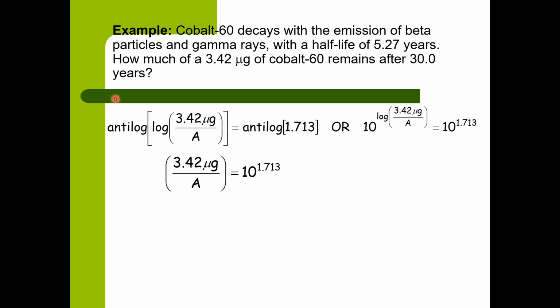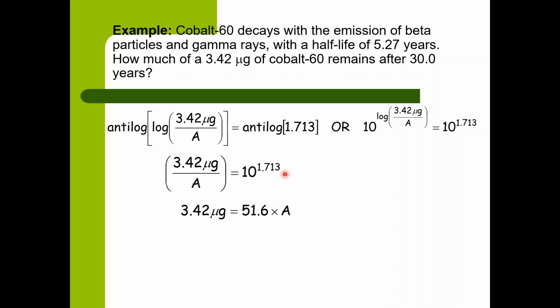This will get you your log slashed away: 3.42 micrograms over A is equal to 10 to the power of 1.713. So that's what you would want to figure out here. Now you'd want to figure this out, and the next thing I do is actually going to show you what it is.